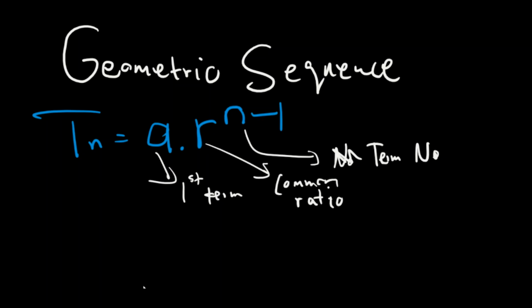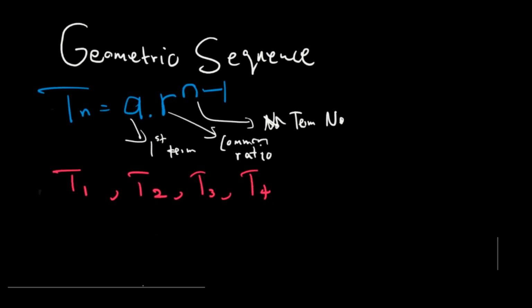So to establish the geometric sequence, say we want to identify term number 1, term number 2, term number 3, and term number 4. We're going to use the formula.